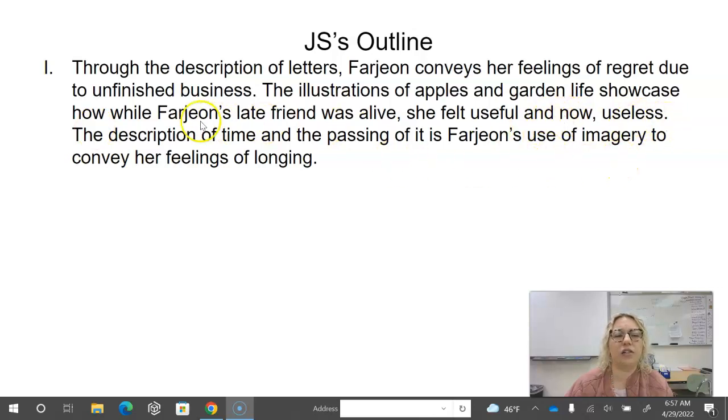And then she finally talks about her feelings of longing as a larger interpretive meaning. The 3 key points all have to do with imagery, which is the guiding question, and it's an authorial choice. So we always get back to that foundation, that first starting place of authorial choices and DITS, right?